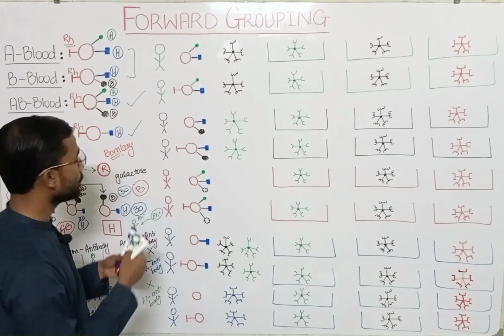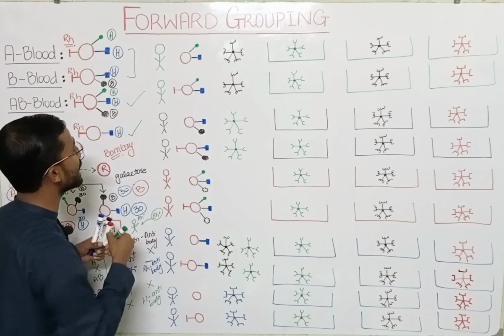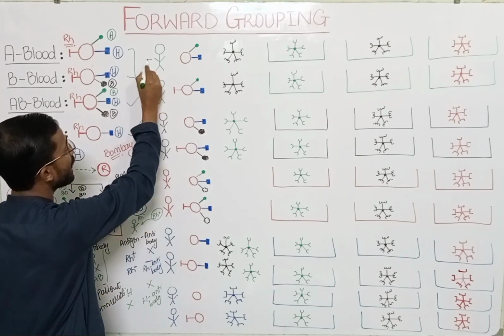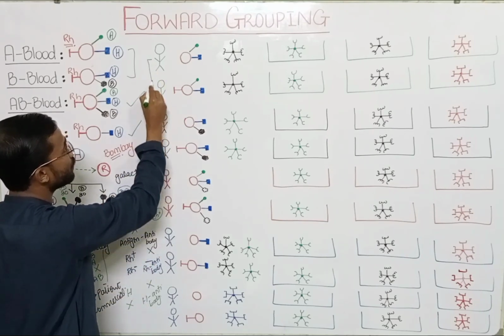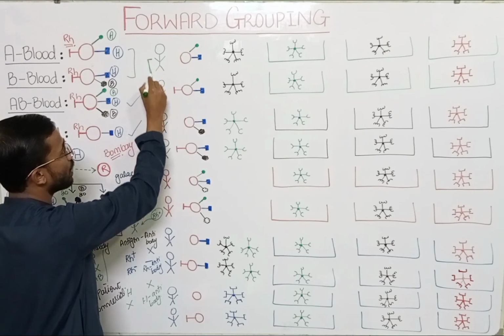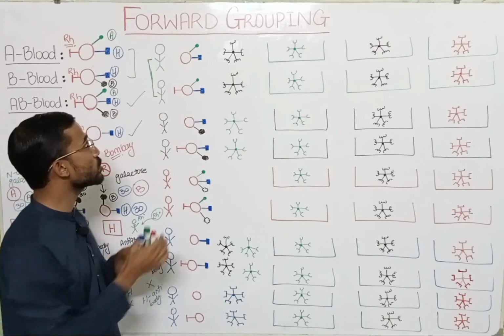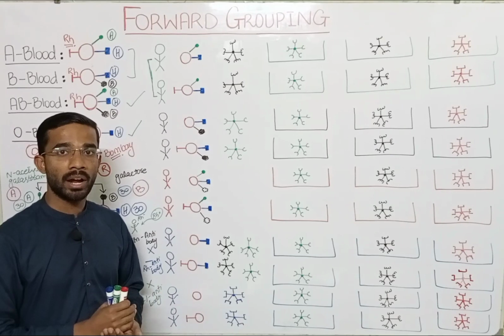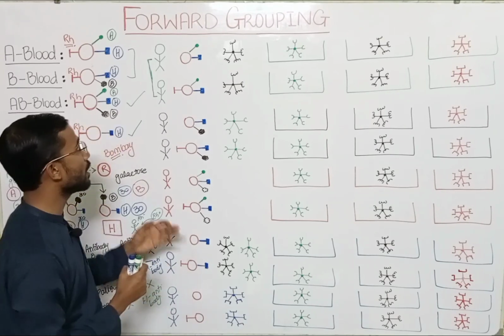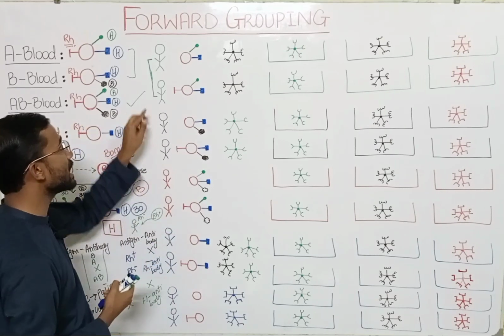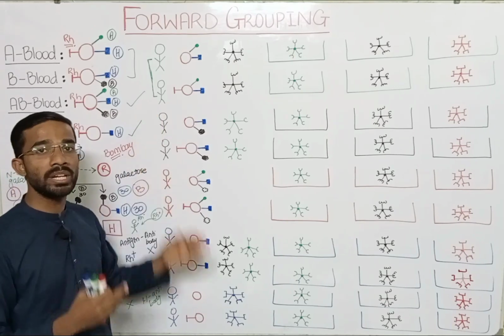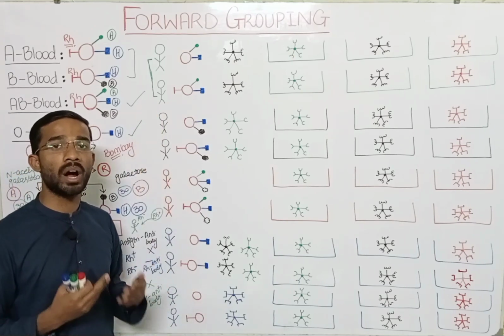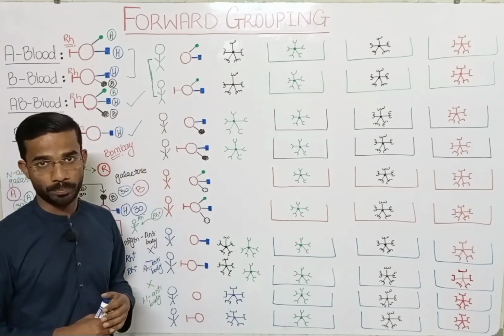So here you see, we will discuss case 1. Here are basically two different persons, and these two persons come to the hospital, or you can say lab, and they say that we want to know the blood group.